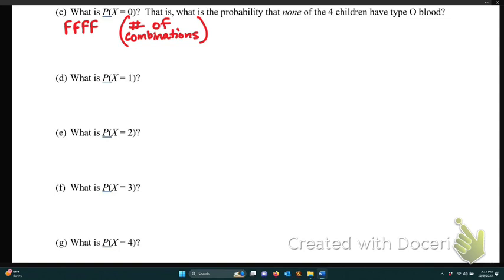It's that they all fail, right? So there's really only one way here. Then here's what we're going to do. We're going to take the probability of success, and we're going to raise it to the power of the number of successes.